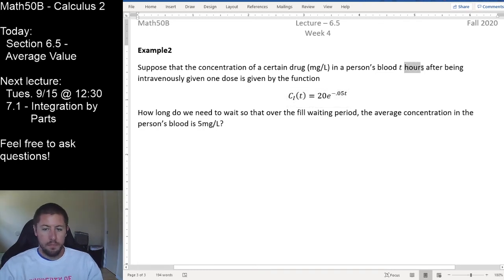So our time is measured in hours. That's our independent variable. I'm calling this C of t, a function for concentration based on time. And you can see here that it's C sub I, where the I stands for the fact that this is going to be intravenously given to the person.